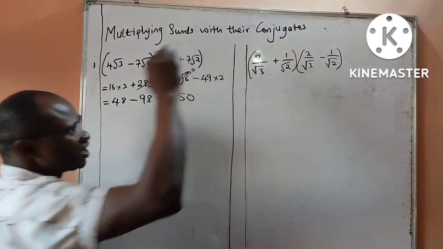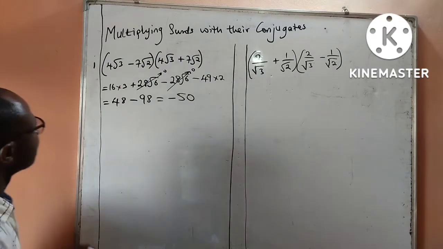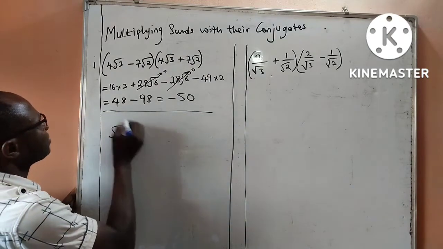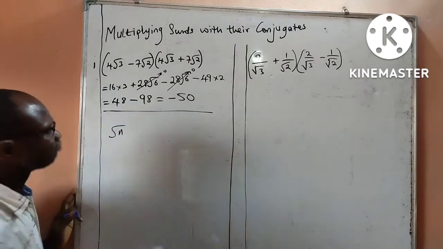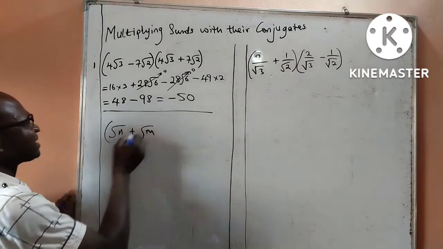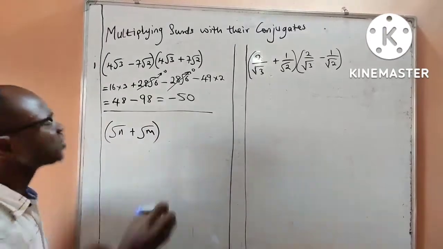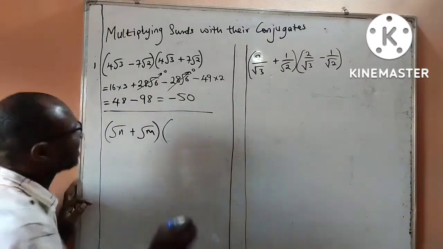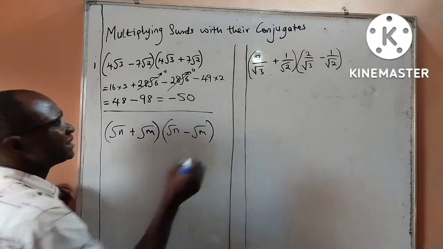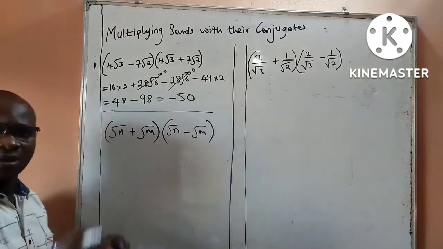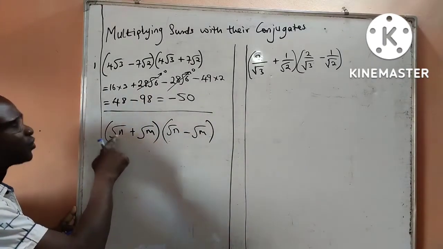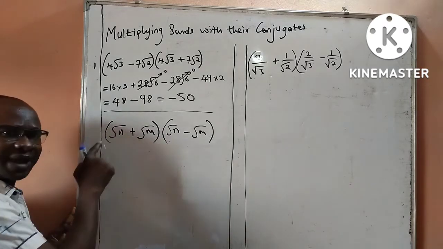Before I go into this second example, what this is summarizing for us is that if you are given root n plus root m as a surd, and you are asked to multiply it by its conjugate, root n minus root m, the result from this worked example should be the square root of n squared minus the square root of m squared.